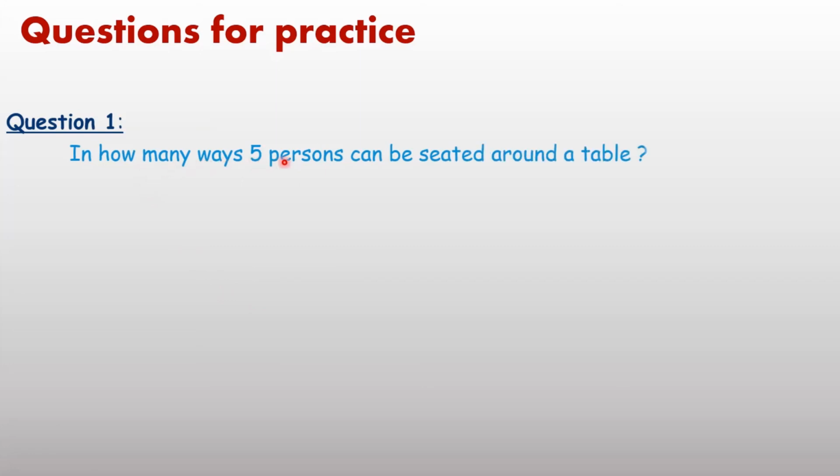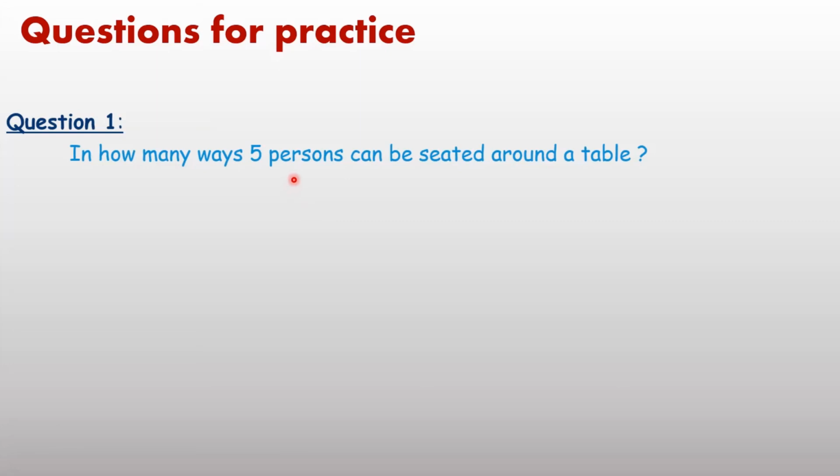Now some questions for practice. In question number 1, in how many ways can 5 persons be seated around a table? Easily you can solve. In this case, which formula will apply? There is a difference between clockwise and anti-clockwise direction.